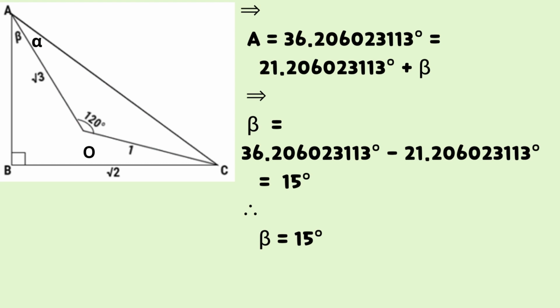It signifies that beta equals 36.2060231113 degrees minus 21.2060231113 degrees, which equals 15 degrees. Therefore, the required value of angle beta is 15 degrees.